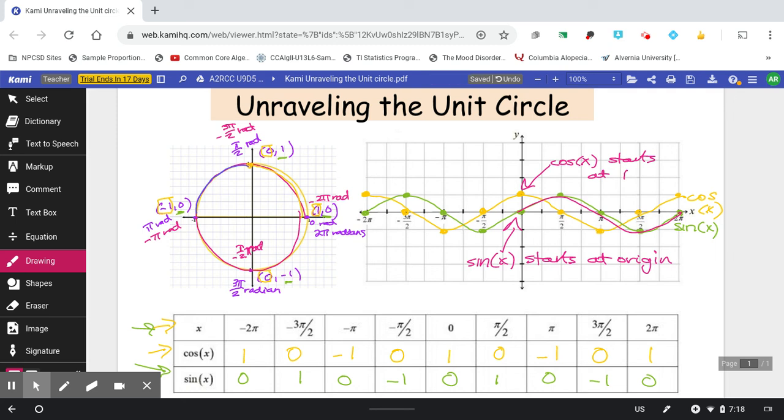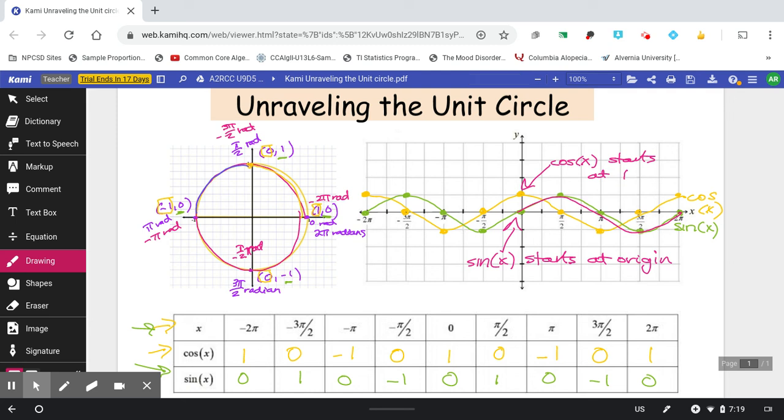Okay, so we're going to be learning about the transformations that happen to these graphs and what they mean. And since trig is used really to represent tides, to represent sound waves, music, there's all kinds of real life applications for trig.